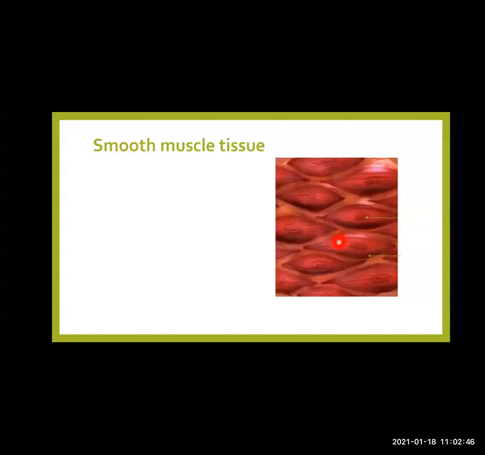Next, if you observe, this is a nucleus. Each muscle fiber has only one nucleus. So it is uninucleated. Then you can see that there are no branches. So it is also an unbranched muscle fiber.